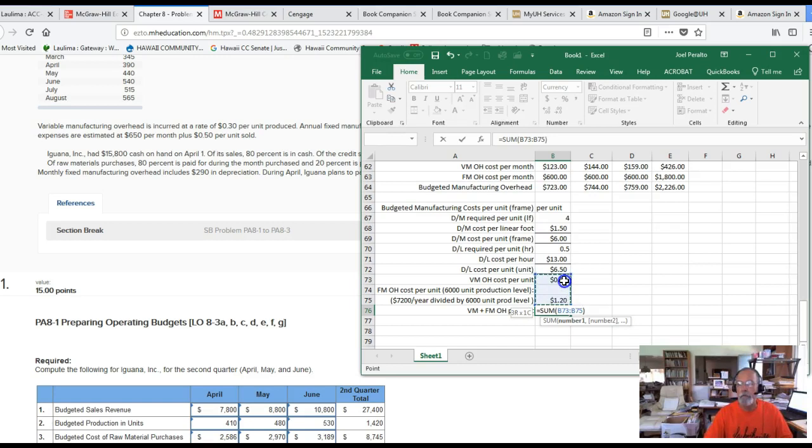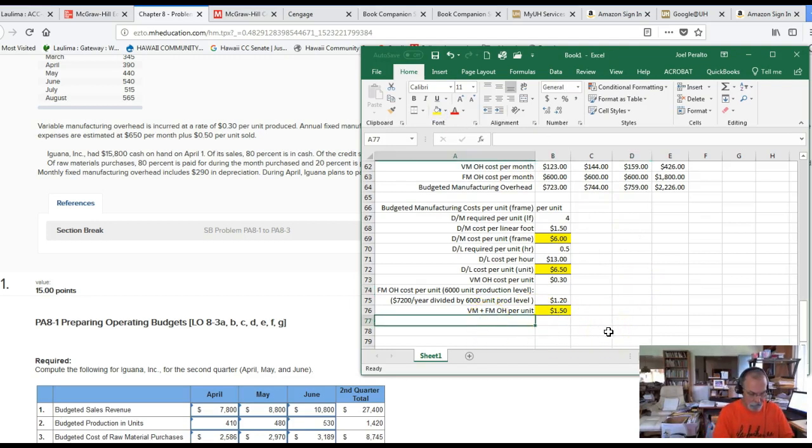Okay. So we have direct material cost per unit, direct labor cost per unit, manufacturing overhead cost per unit. This is budgeted.